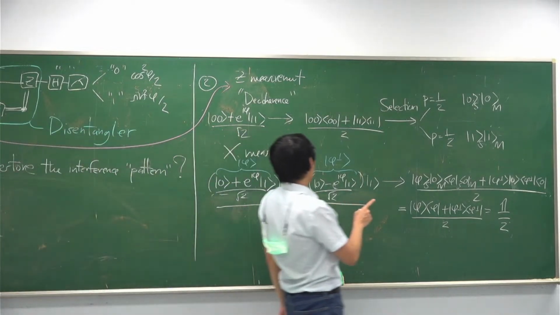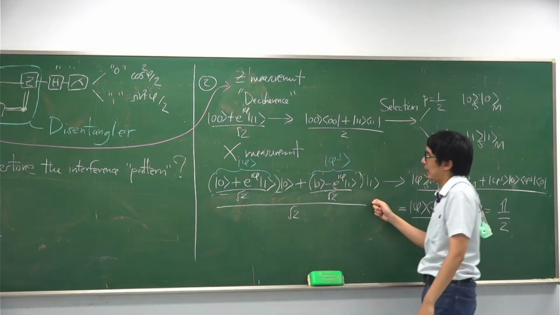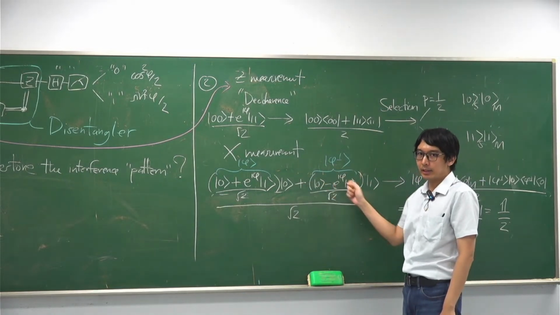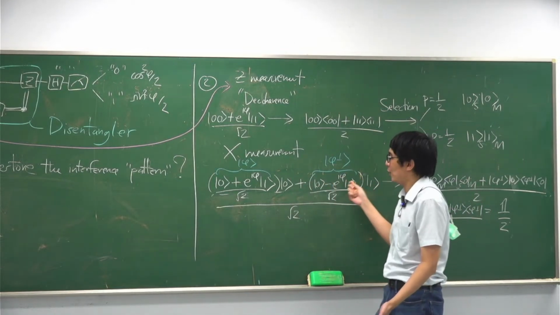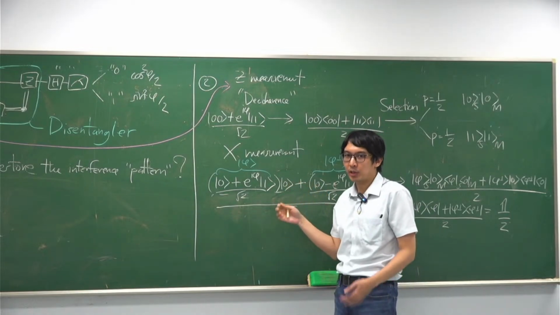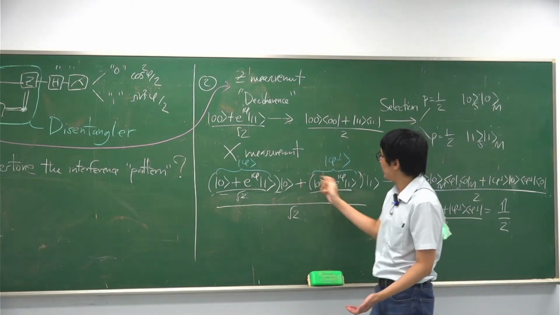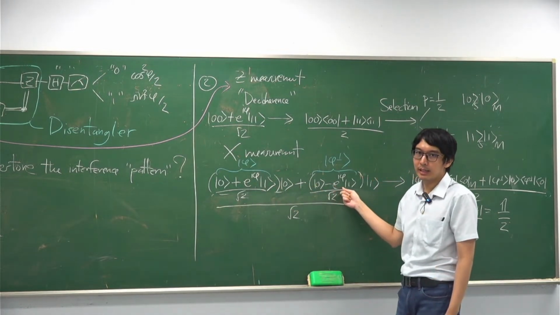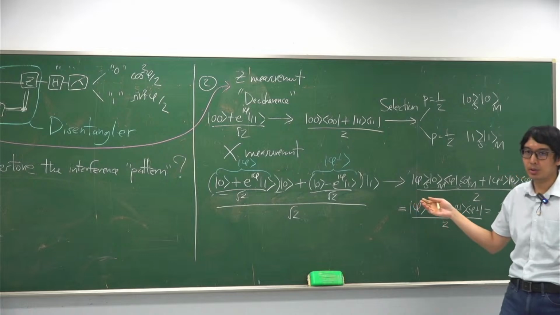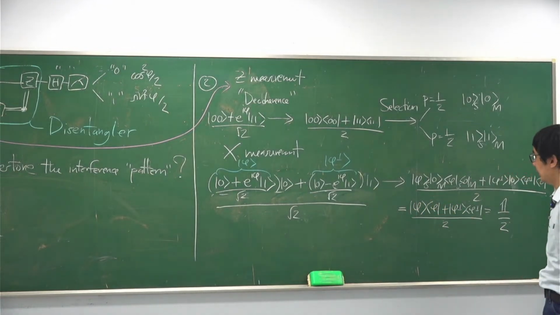Only when you look at the outcome of the second qubit, so that you update your state of knowledge, updating the state of the first qubit to be either this or this, do you see the interference pattern.